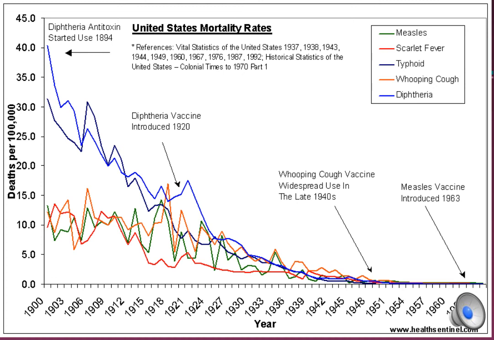The large measure of the reductions in infectious diseases were due to improvements in overall health and sanitation and in living conditions. Vaccination played a role, but not a huge role in the United States mortality rates.